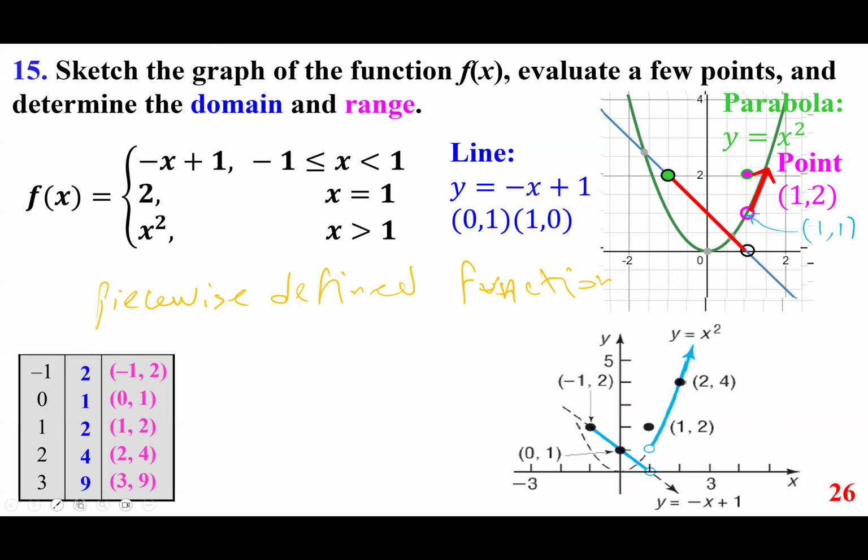Now, as far as the domain and range is concerned, remember, domain, put this along the x-axis. So if you put this along the x-axis, this covers -1, and the rest of them cover the rest on the right. So from -1 to infinity. And as far as the range, put it along the y-axis. I hope you see that it covers all the positive side.